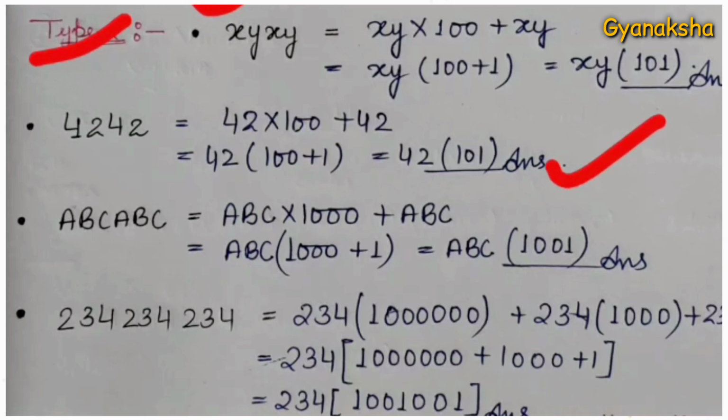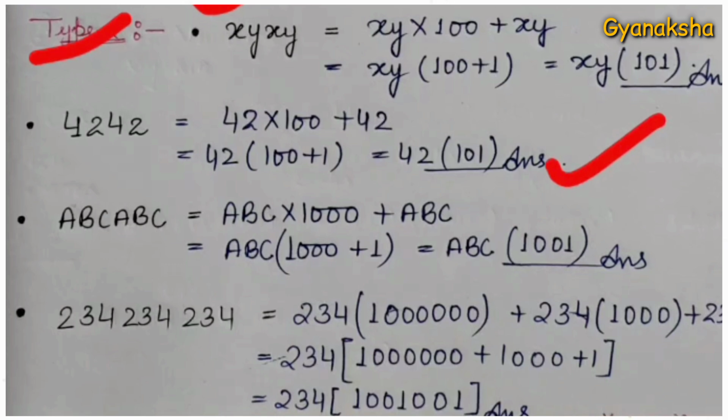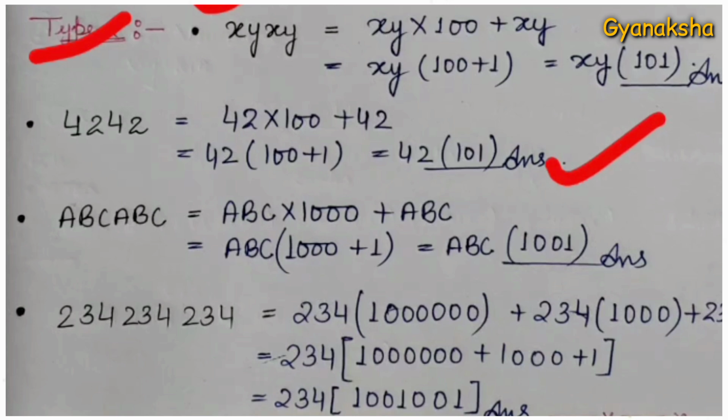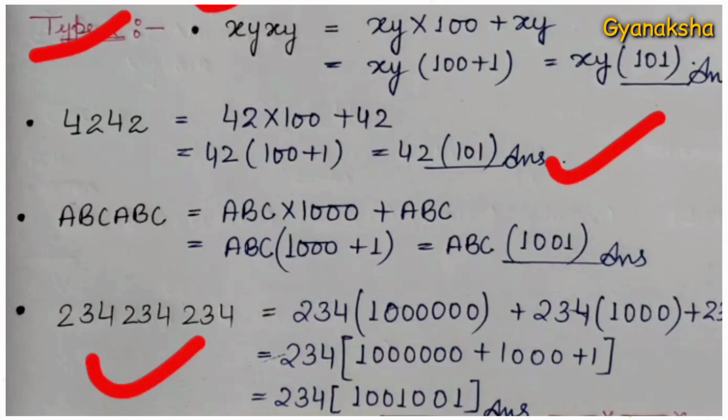Now here 3 digits are repeating. ABC ABC, which means ABC multiplied by 1000 plus ABC. It would be 1001 times ABC. Here also 3 digits are repeating 3 times, 234, 234, 234.